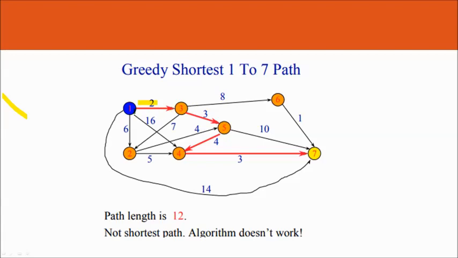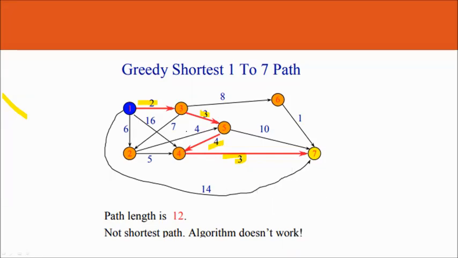From vertex 1 to vertex 3, we have 2. From vertex 3 to 5, we have 3. Next, from vertex 5 to vertex 4, we have 4. And then from vertex 4 to vertex 7, we have 3.